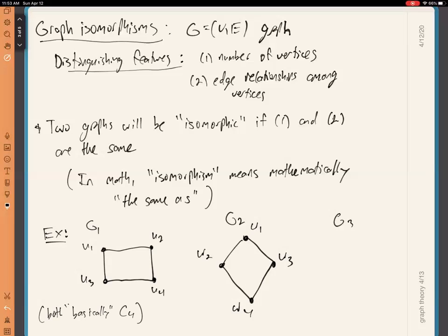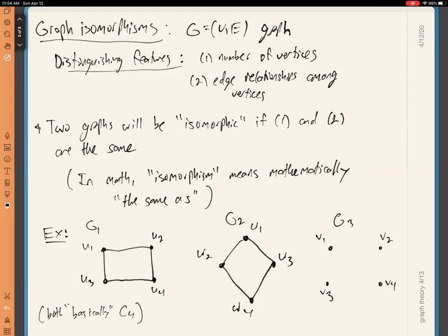Okay. You can also imagine modifying G1 to get another graph, which I'll call G3, where I'm going to have, again, 4 vertices. But imagine that the graph G1 is made of maybe some string that's connected to other pieces of string at 4 points.